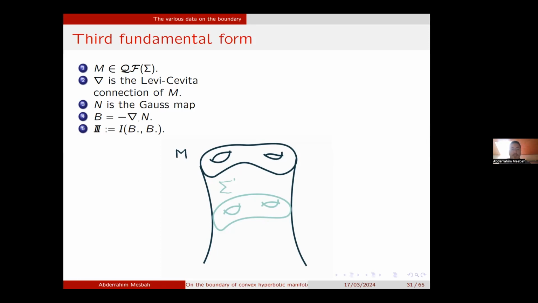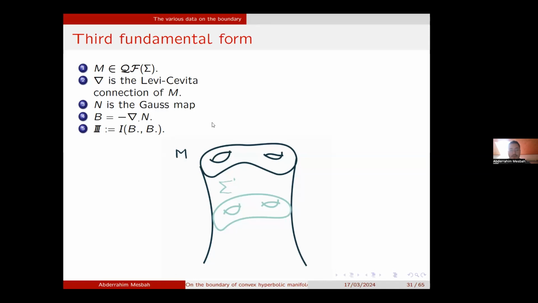The framework is that we take a surface sigma, which is embedded into some three-dimensional manifold. For us, this three-dimensional manifold is quasi-Fuchsian. And then we apply this formula. So we take the shape operator, which is defined this way, as mentioned there. And the third fundamental form will be the induced metric times B times B, as you can see here.